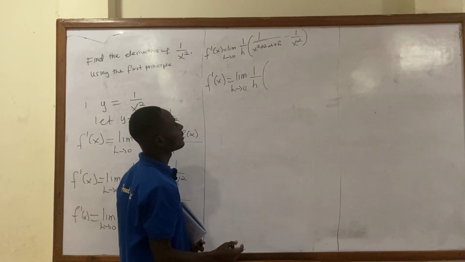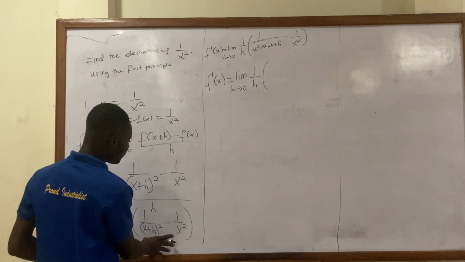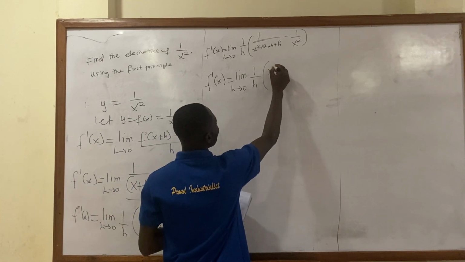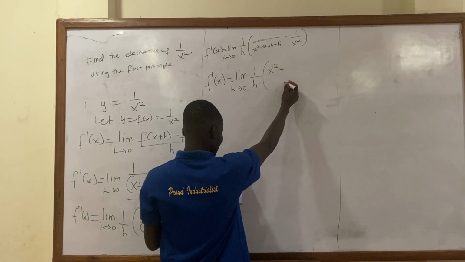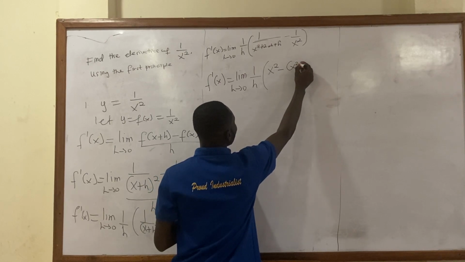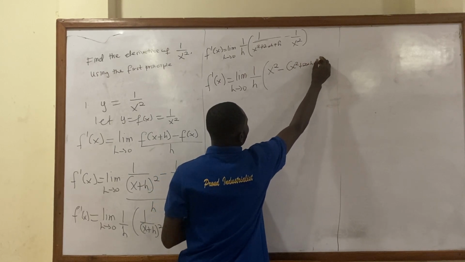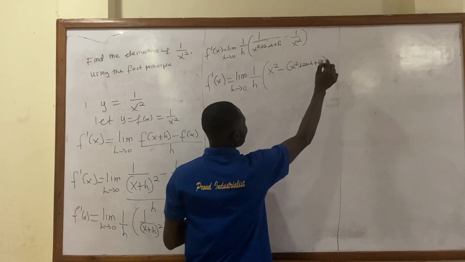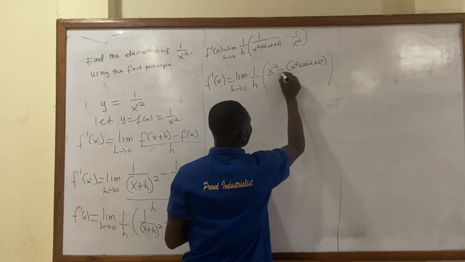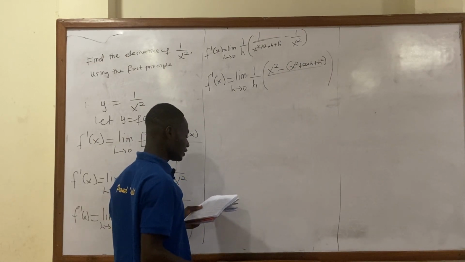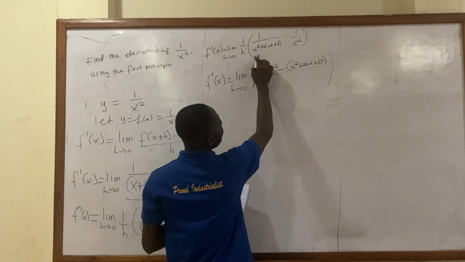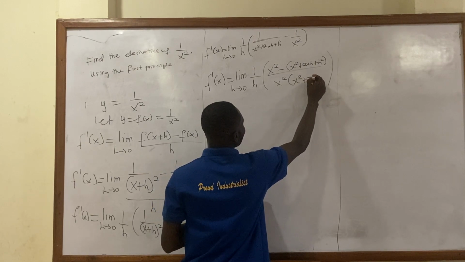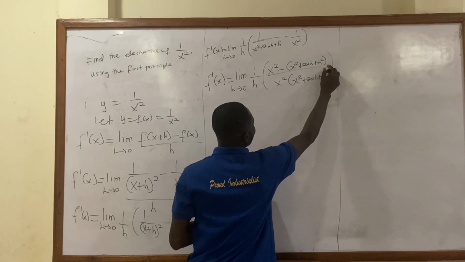When you simplify the inside, this will give us x squared minus x squared plus 2xh plus h squared, all in brackets, over x squared into x squared plus 2xh plus h squared.